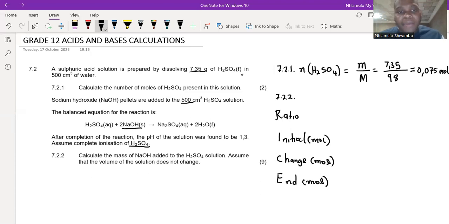You remember in equilibrium, we don't include substances in solid state, but here, because we are dealing with acids and bases, we can include anything in any state as long as we've got information given for that particular substance. So here we're going to include both the reactants, and so we're going to have two columns.